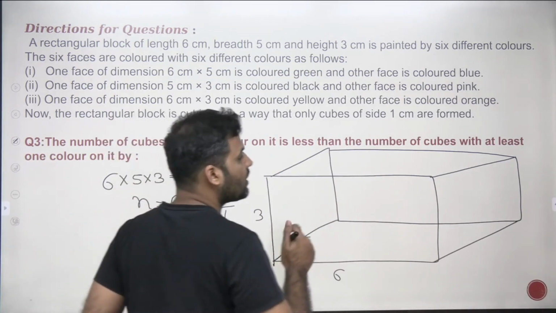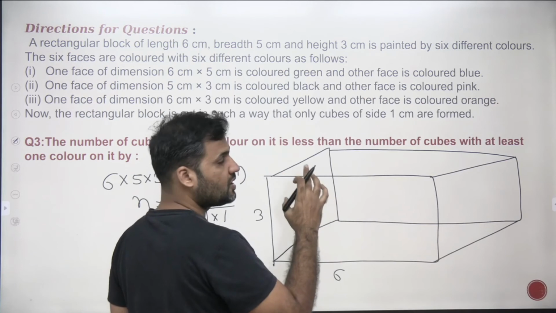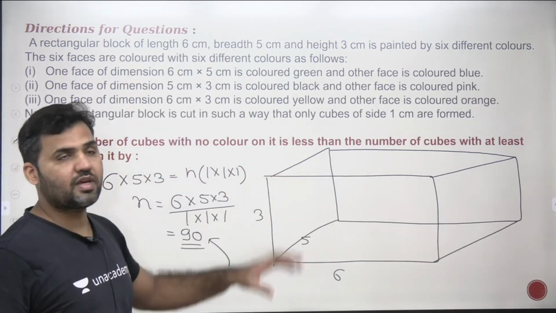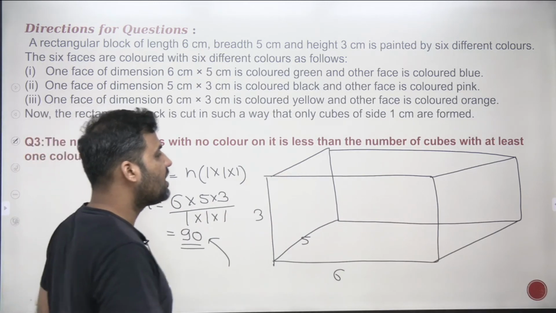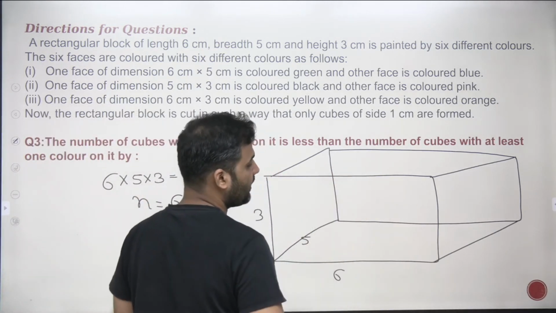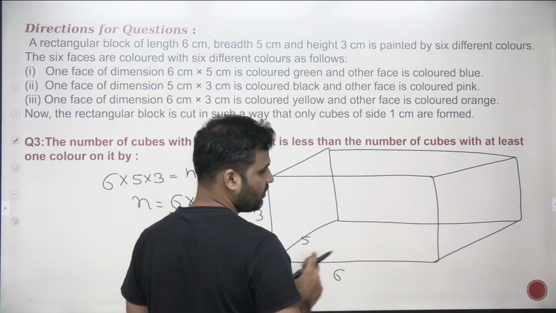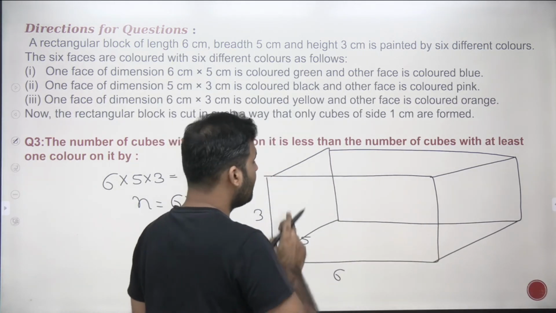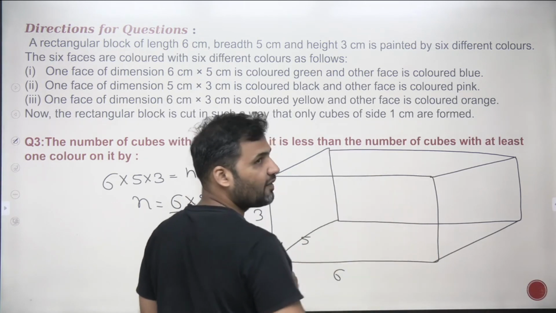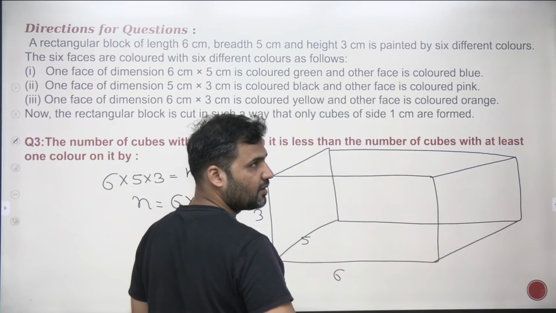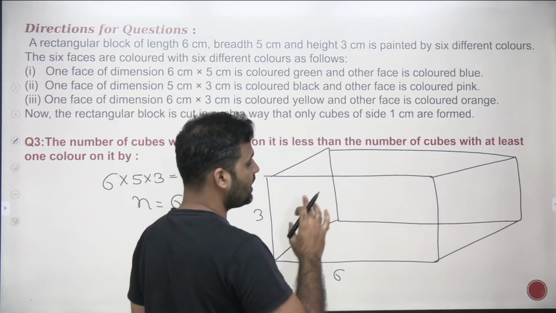If I'm looking for the cubes which do not have any face painted, they will be coming from the inside part. For example, a cube coming from the face will definitely have 1 color on it. A cube coming from the edge will have 2 colors on it. Cubes coming from the corner will have 3 colors on it, right?